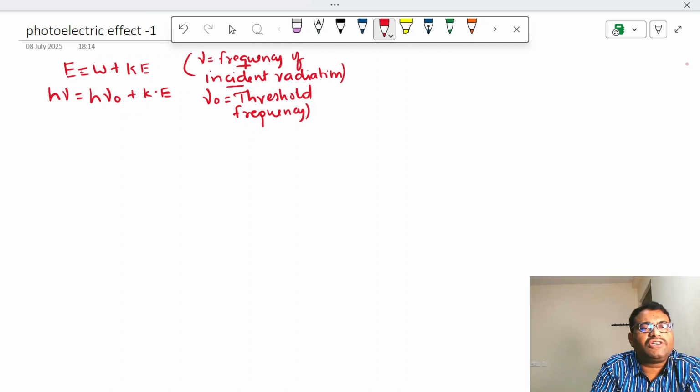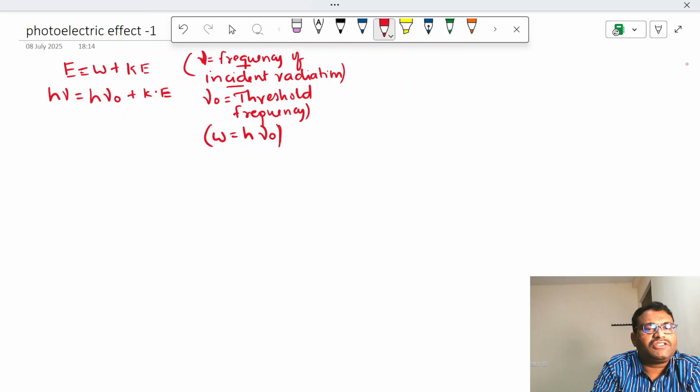So nu naught is threshold frequency. W is equal to h nu naught. Why are we saying nu naught? Because it is a threshold frequency, whereas nu is the frequency of the light radiation.